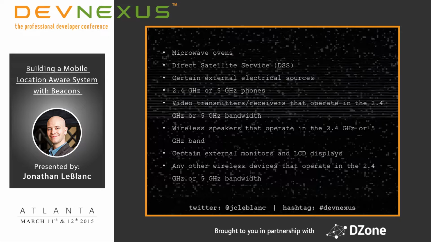Down there you have external monitors and LCD. These things all affect the range. But one thing you might notice as a trend here is electronics that work in that 2.5 gigahertz to 5 gigahertz range. It's because the beacons are running at the 2.4 gigahertz range. So that's why those signals tend to cause problems.